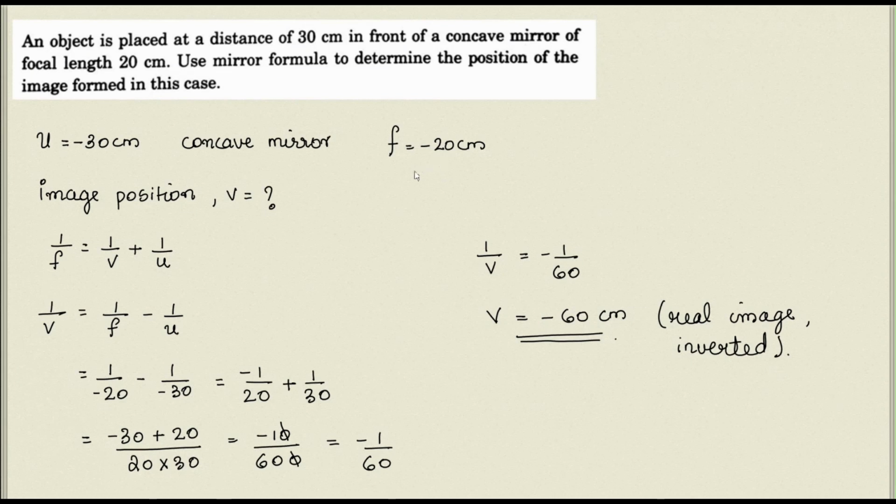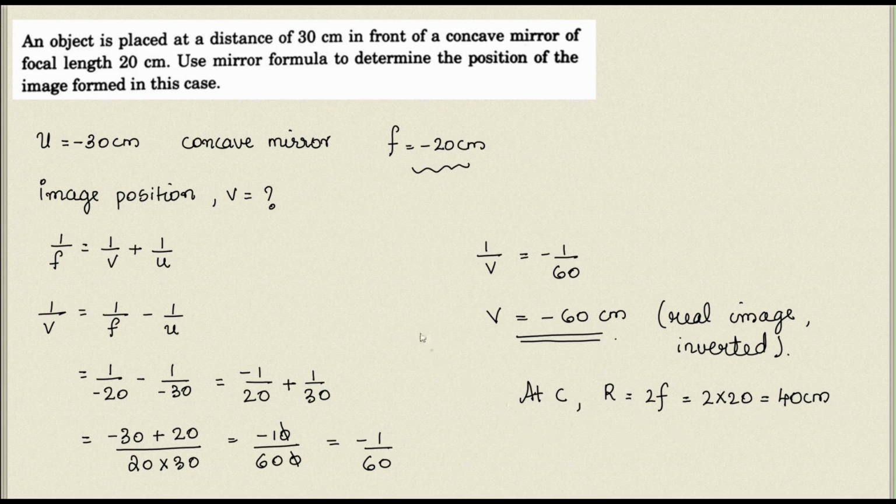So we can also find exactly where the position of the image is. As we know the focal length is 20 centimeter, we can say the radius of curvature will be 2 times the focal length, that is 2 into 20. That means it is at 40 centimeter. That means the center of curvature comes at 40 centimeter.